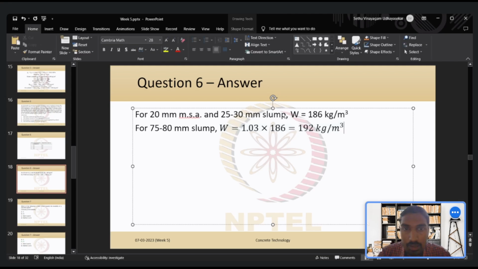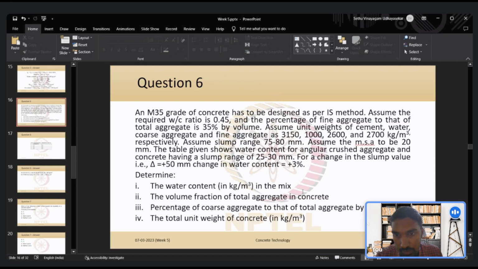So that is the water content we need for the given slump requirement. Okay, 192 kilograms. That is the first part.